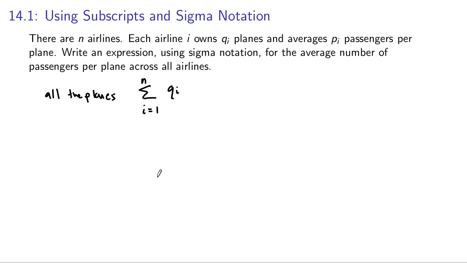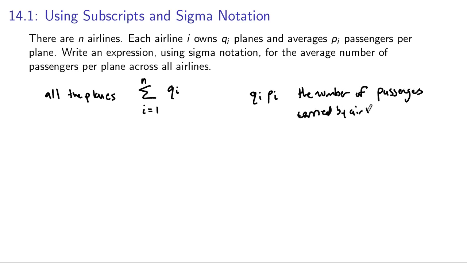Now, how can we get back the total number of passengers that each airline flies? Well, if we take q sub I and multiply by p sub I, that's the number of passengers carried by airline I, because we're multiplying the passengers per plane by the number of planes.